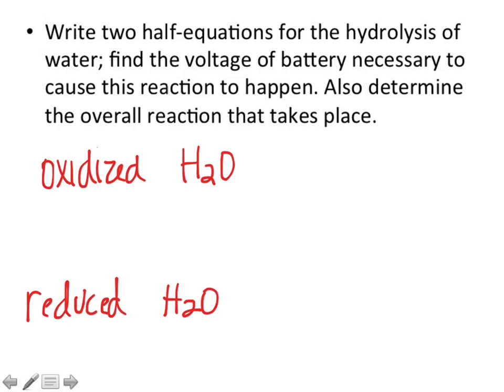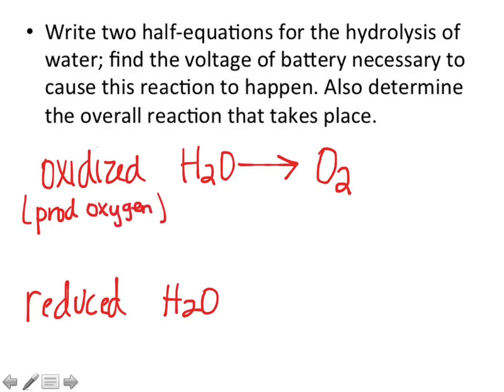So when we oxidize water, what you can remember is when water is oxidized, we produce oxygen. We said the oxidized is what electrode? It is the anode.